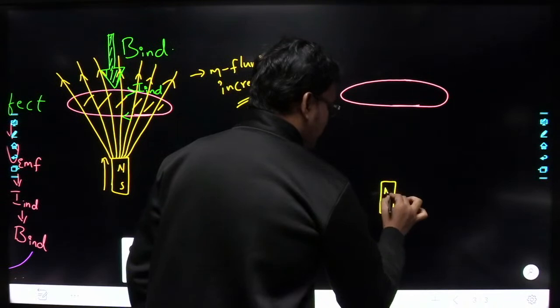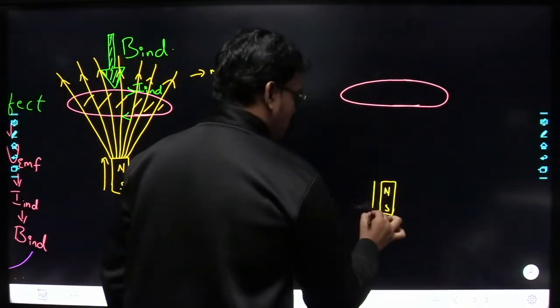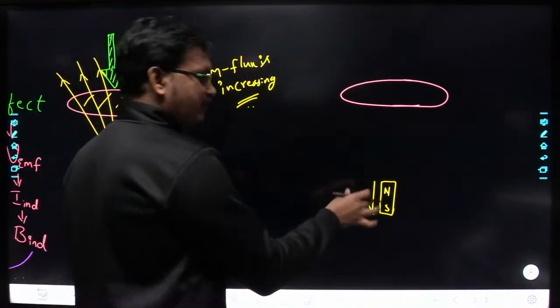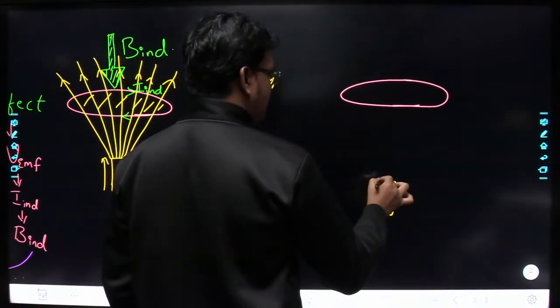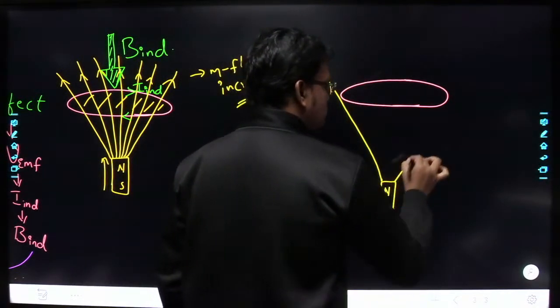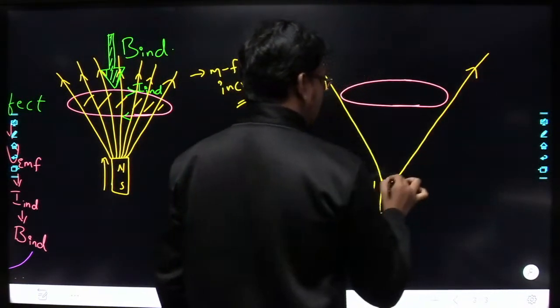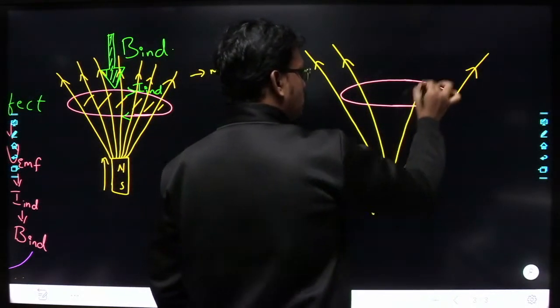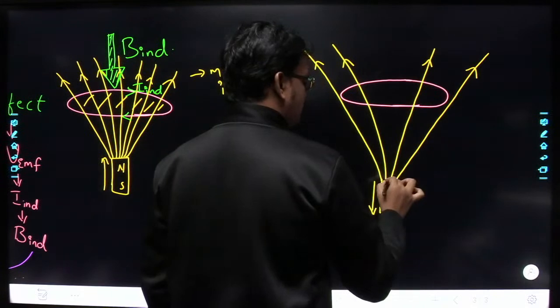Whenever it is moving away from the loop, what will happen? The number of field lines that are penetrating through this loop are going to decrease.